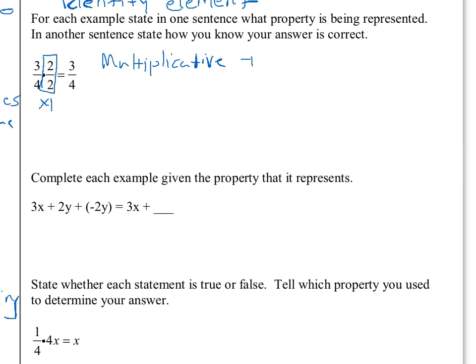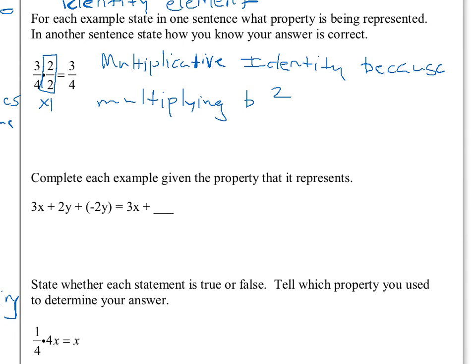So this is the multiplicative identity because multiplying by 2 over 2 is the same as multiplying by 1, and does not change the value.